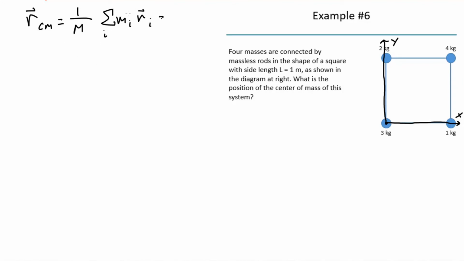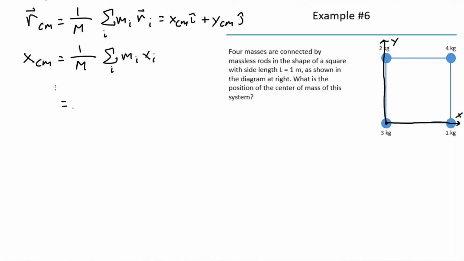But this r center of mass just really equals an x center of mass i hat plus a y center of mass j hat. That's the x component of the center of mass position. So I can find this x center of mass. This is 1 over m times the sum over i of m_i x_i.